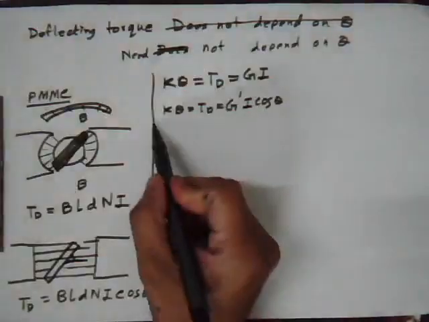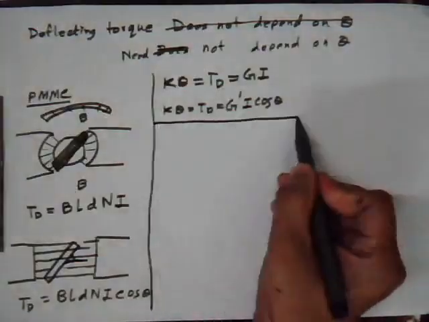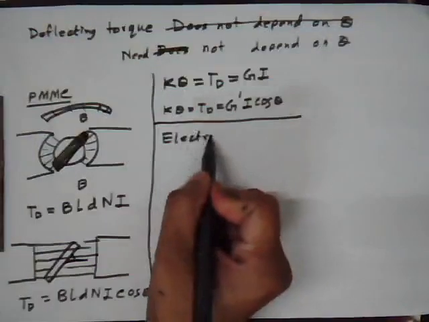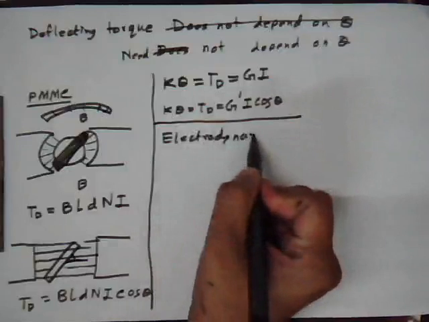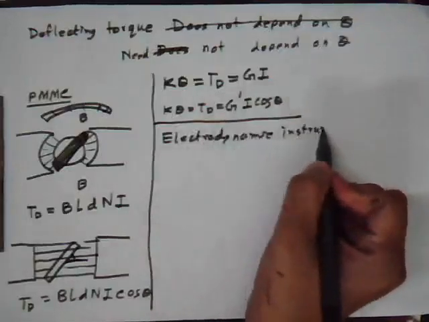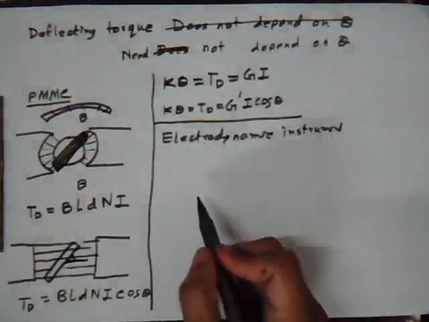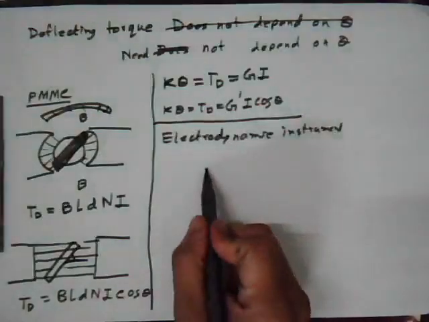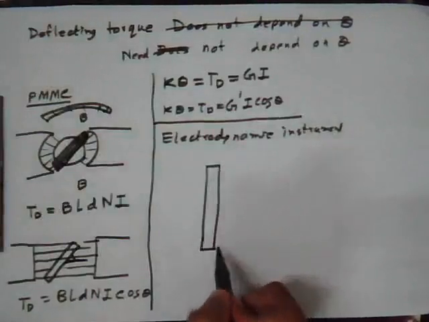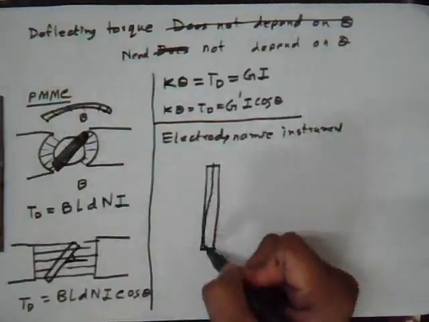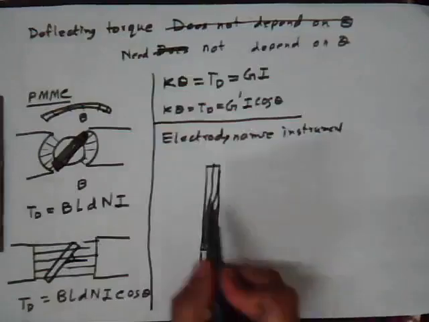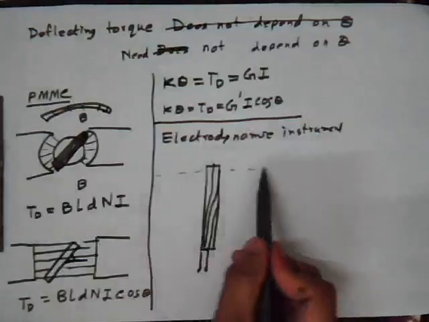Let's consider now the electrodynamic instrument. Let's consider again an ideal case where this is my field coil, and therefore the flux is like this.